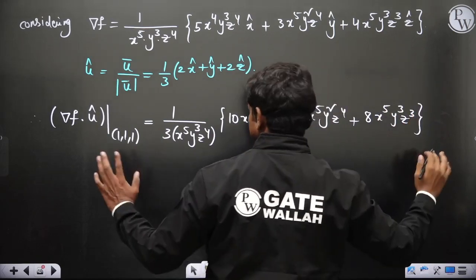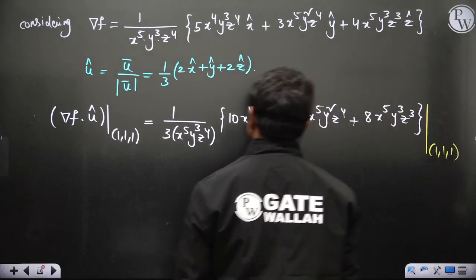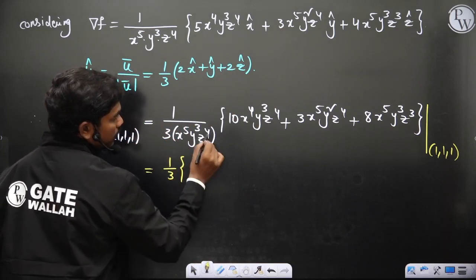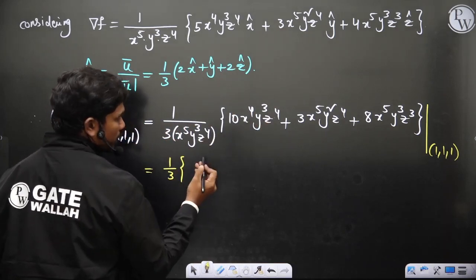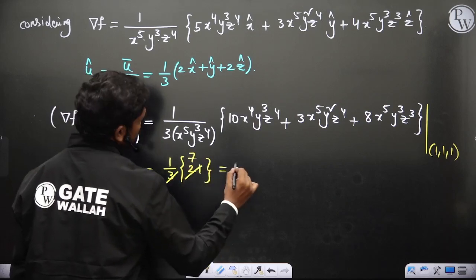This complete expression we evaluate at (1, 1, 1). Ultimately this is 1/3 times 10 plus 3 plus 8, which is 21, and this value is 7.